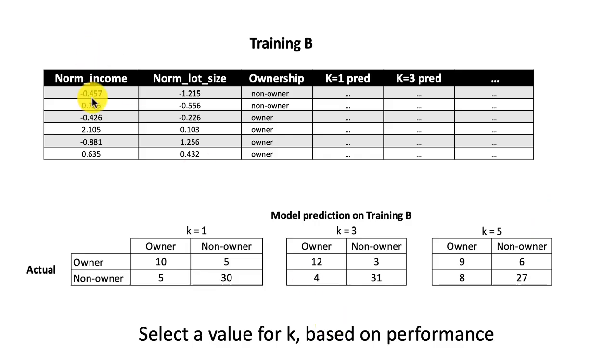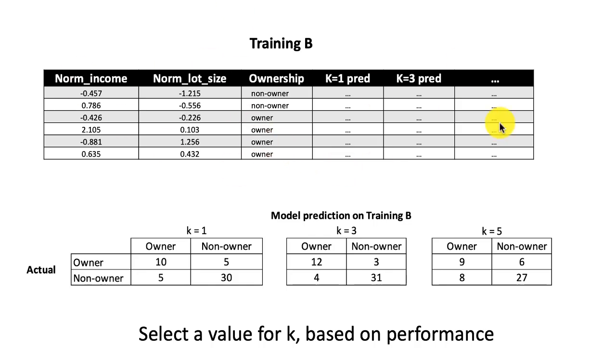So this is what is going to happen. You've got the normalized income, normalized lot size on training.b, you've got the actual ownership, and then we generate the predictions with K equals 1, K equals 3, K equals 5, 7, 9, up to whatever level you want. Okay, typically we don't consider more than about 10 neighbors. So typically 1, 3, 5, 7, 9 in case the target attribute has 2 classes.